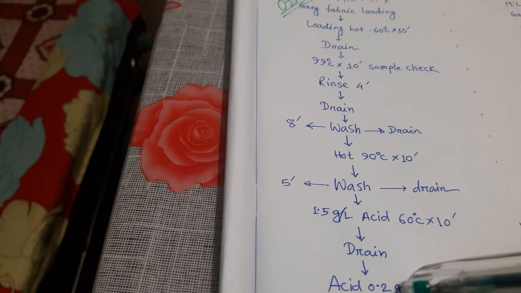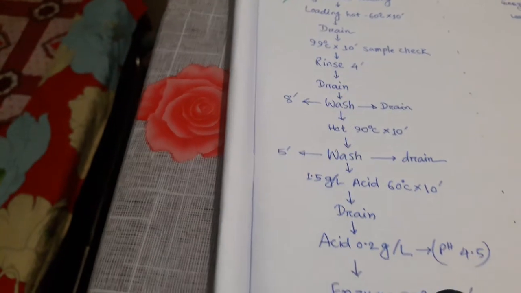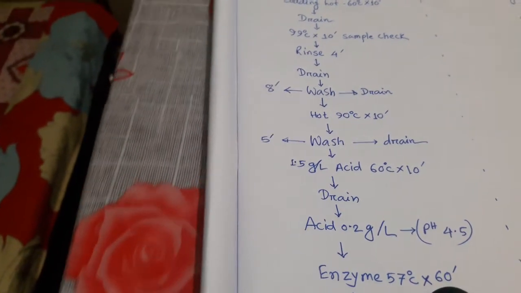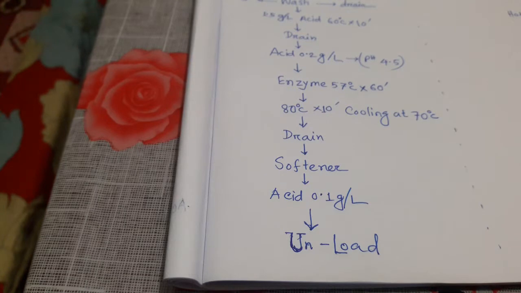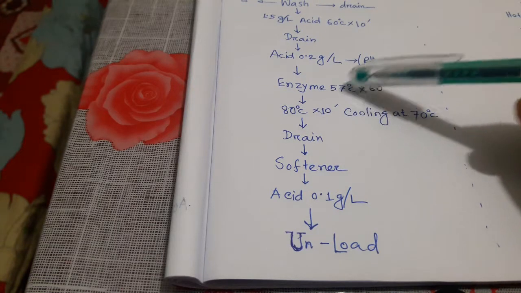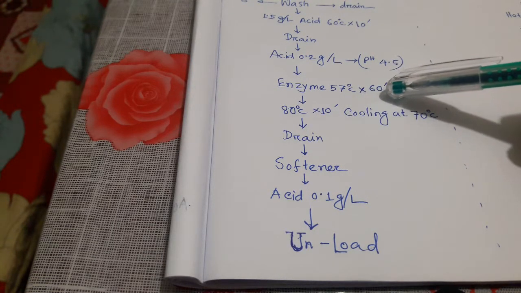Use acid 0.2 gram per liter. The pH needs to be kept at 4.5. Then use enzyme at 57 degrees centigrade for 60 minutes.